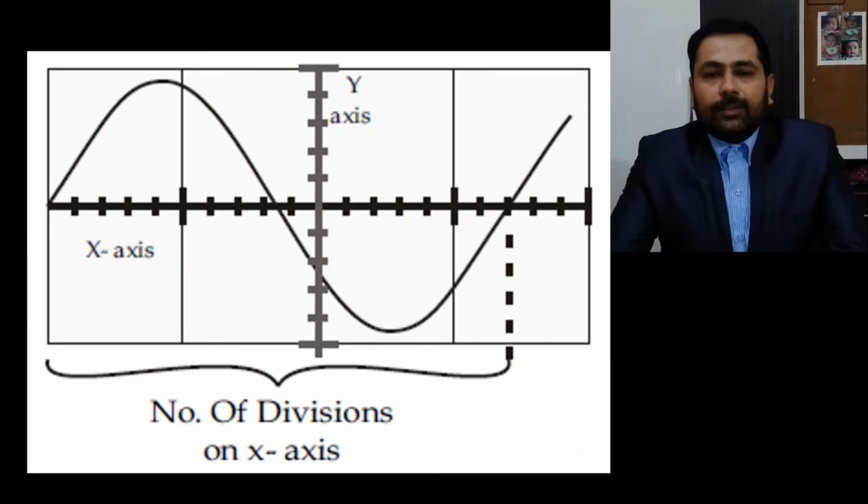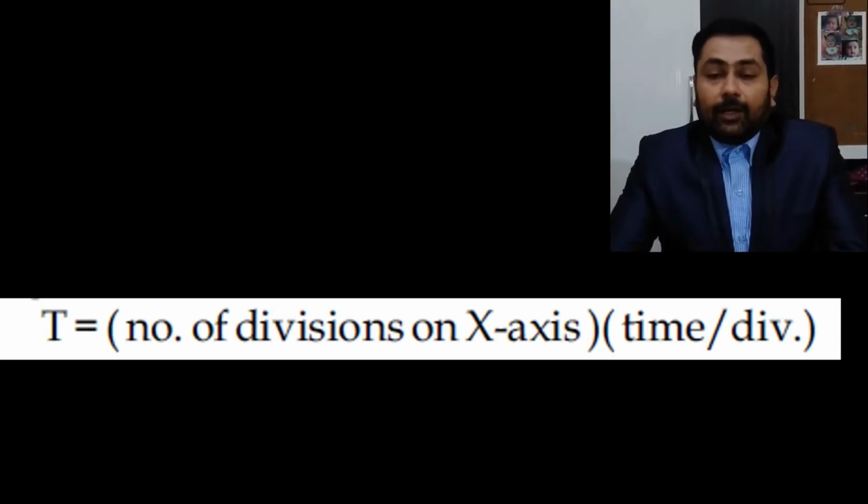In the direct method, the signal whose frequency is to be measured is applied to the CRO screen. You can see the sinusoidal wave is shown here. Now we have to use the time axis, that is the x-axis. For completion of one whole cycle, the number of divisions is taken and multiplied by time per division.